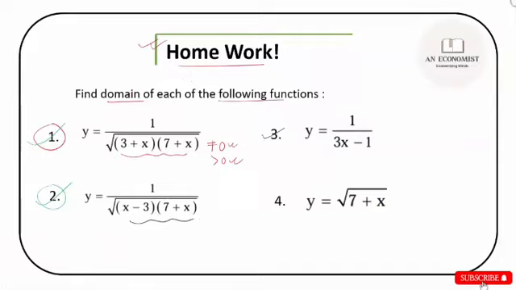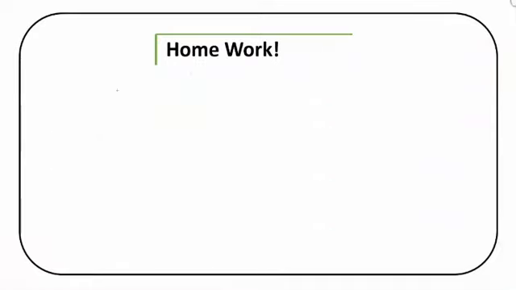Now consider question 3. y is 1 upon 3x minus 1. You have this, so this denominator can't be 0. So 3x minus 1 is not equal to 0. So x is not equal to 1 by 3.